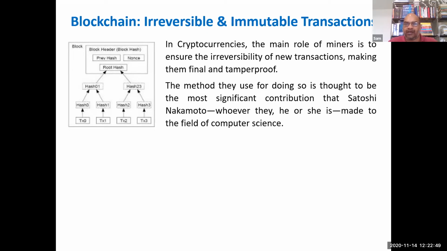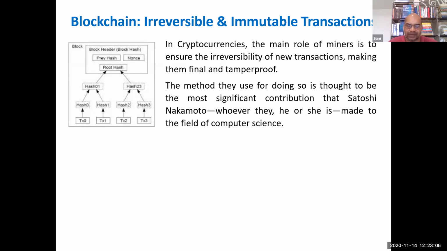So what we have is blockchain miners. These miners run an algorithm based on the previous hash of the transaction and the records of the new transaction.